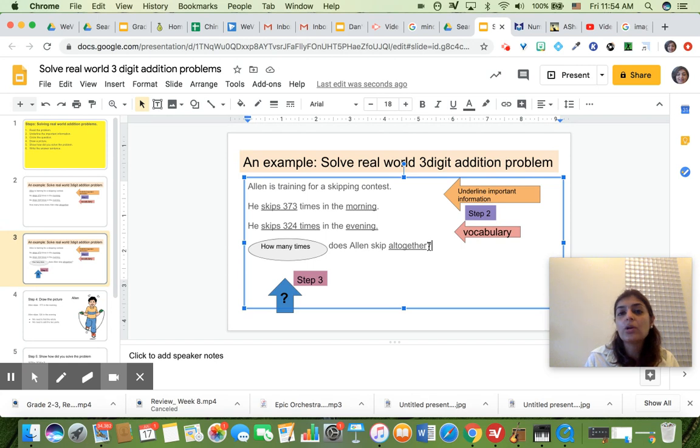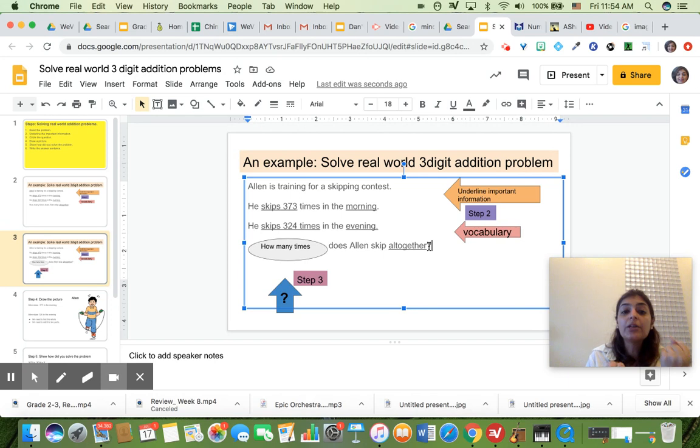Now let's talk about what we mean by the word altogether. Well, the word altogether means in total or in whole. And whenever we say altogether or total, we need to bring the parts together.